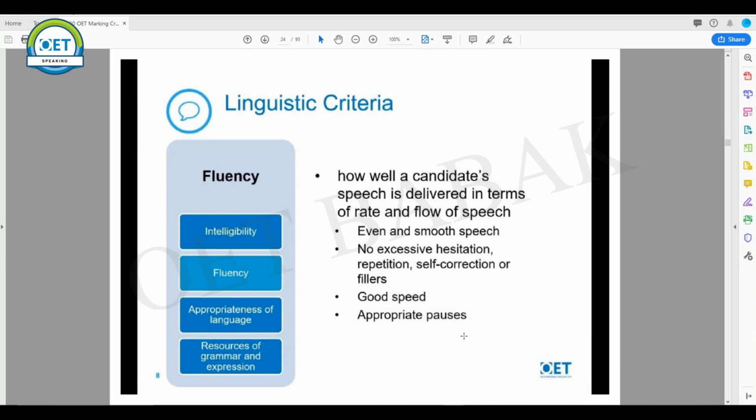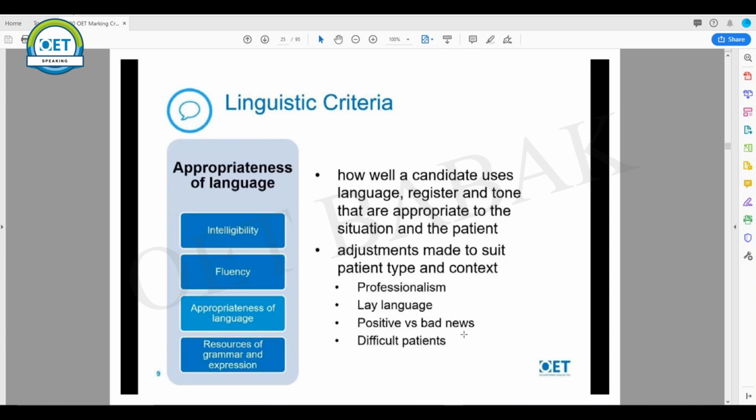Appropriate language. Well, we need professional language, and when we speak to the patient, we need to use lay language. We shouldn't use medical jargon. Also, when we talk about positive news or bad news, we need to make adjustments.